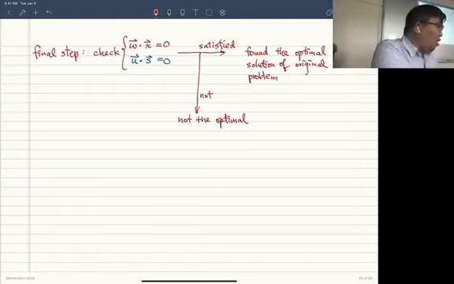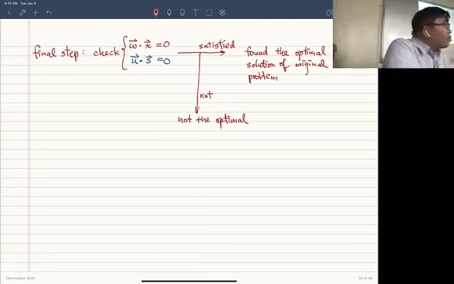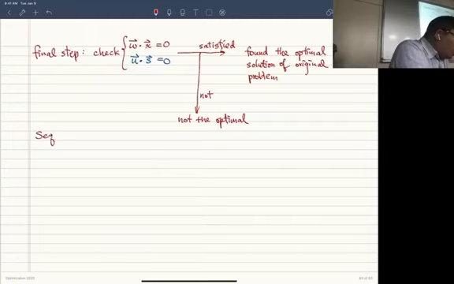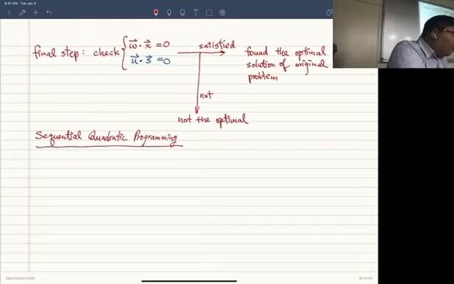So there's some method called sequential quadratic programming. It's basically following this kind of concept, the famous SQP. Okay, so what does it do?